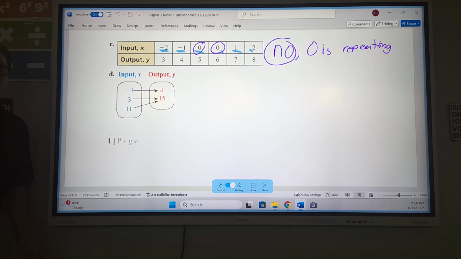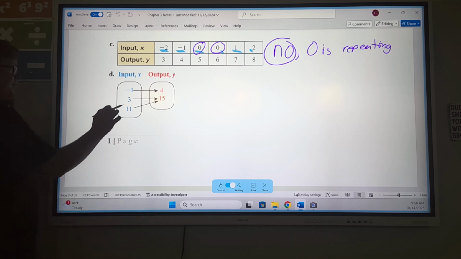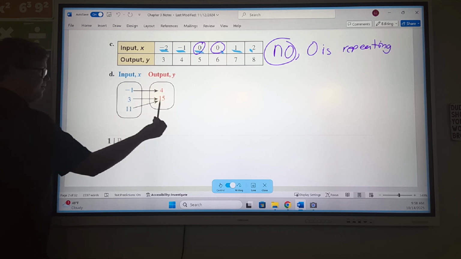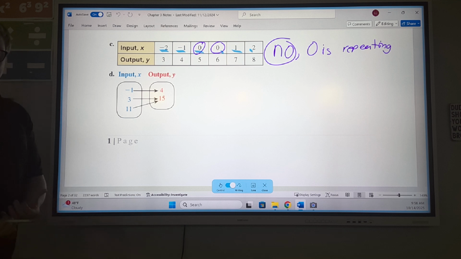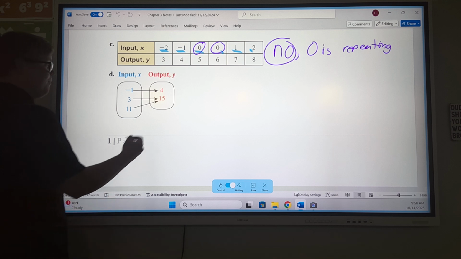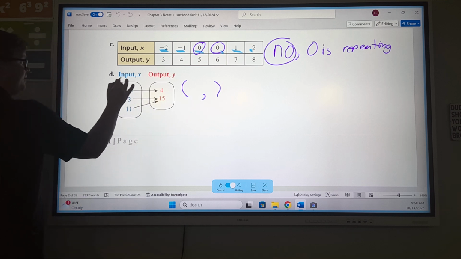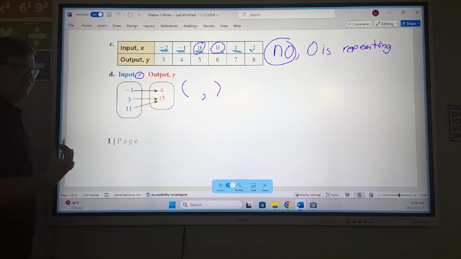Okay? And now we look at the map. This is a little tricky to look at when you look at something like this. This tells us that -1 pairs to 4, 3 pairs to 15, and 11 pairs to 15. It may be easier to write the ordered pairs that it represents. So, as I said before, x is our input, right? So that's the first number.